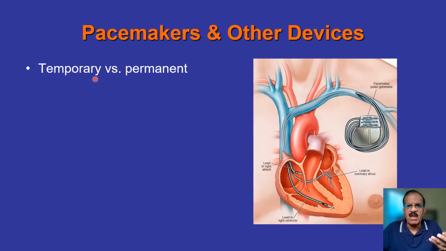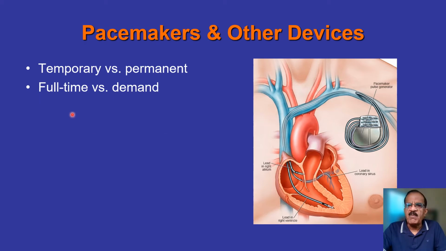For a temporary pacemaker, the lead is passed into the heart and the device is kept externally, and we hope that after some time the patient will recover and we will take out the lead. But if the condition is permanent or is likely to become permanent, then a permanent lead is placed through these veins and the device is implanted under the skin.